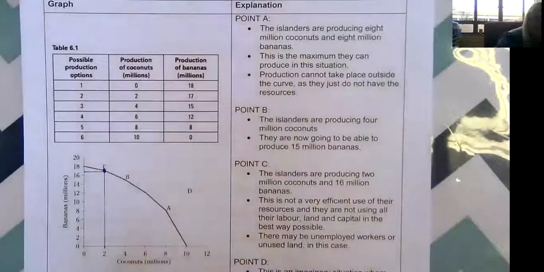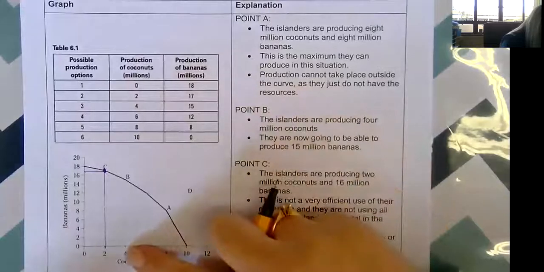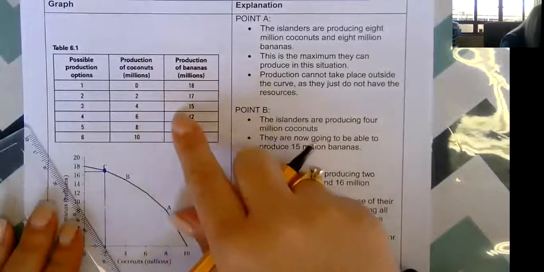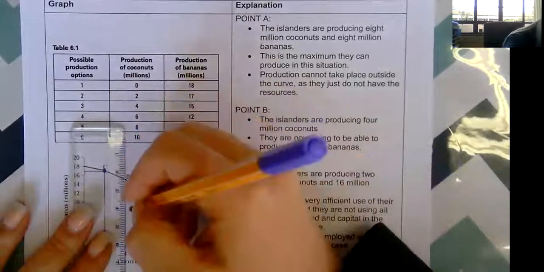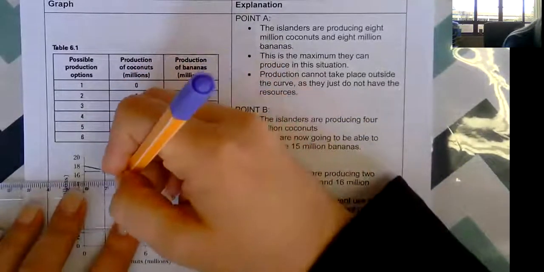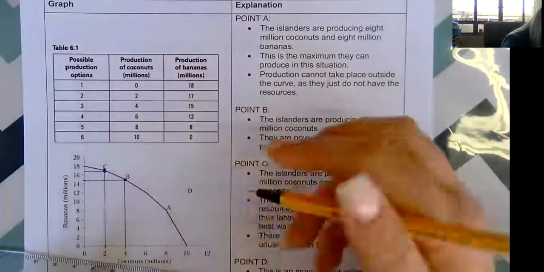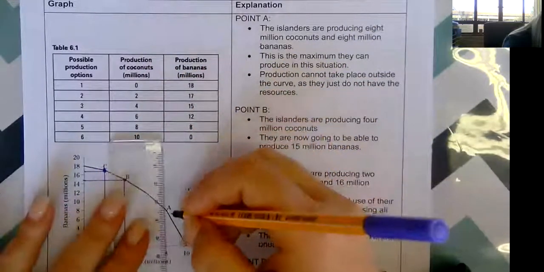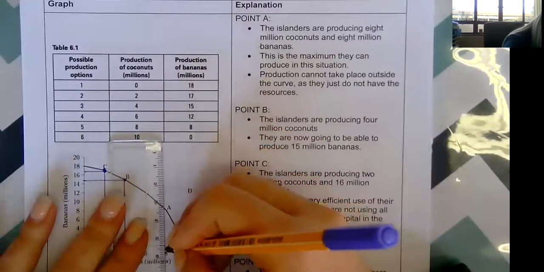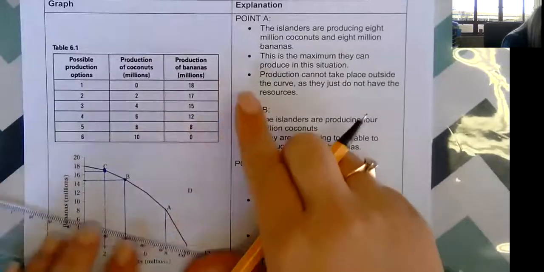We have point C. The next one, we have 4 coconuts and 15 bananas. So we take it up all the way to that, and our next point is point B. Let's go to point A, which is then 8 coconuts and 8 bananas.